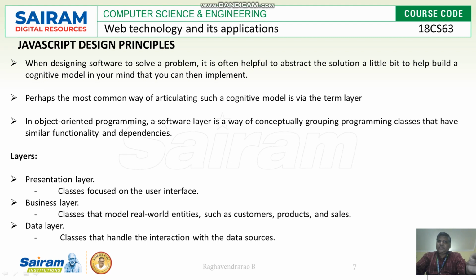Take an example of these layers of design principles. Consider an e-commerce site, any site that you can take. For example, if you take an e-commerce site like Amazon, the first entry is Amazon.com.